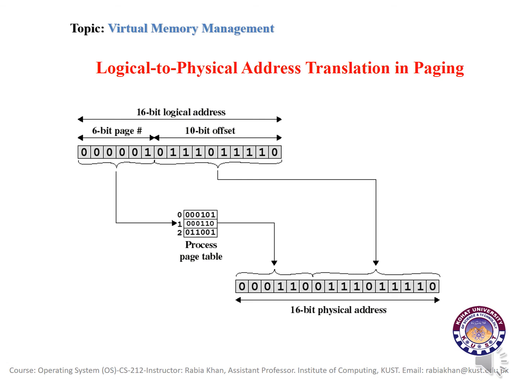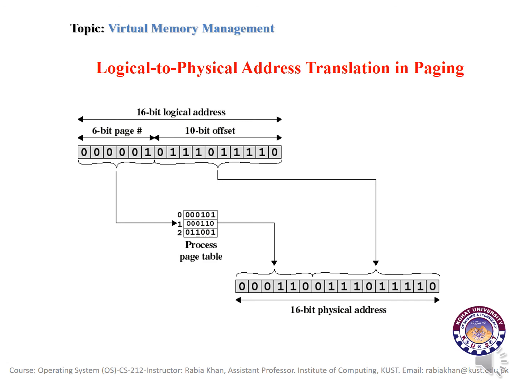A similar representation is shown using a 16-bit logical address, in which the starting 6 bits show the page number, while the remaining 10 bits show the offset. The representation is in binary format, as our memory addresses are normally represented.